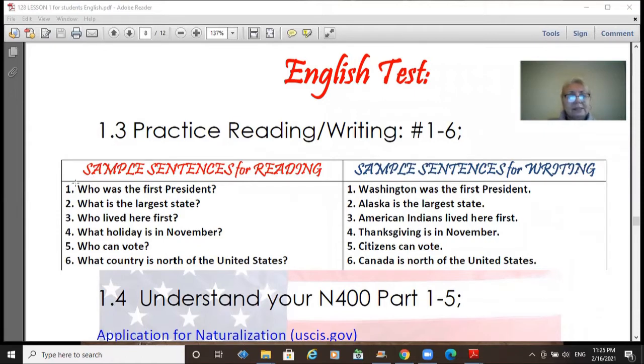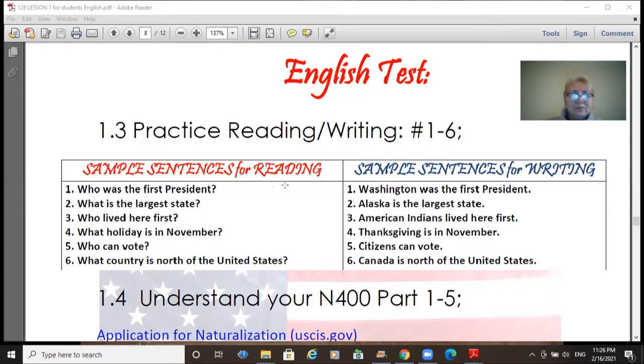Now, you will see the question for reading on a computer screen or a pad, and you will have to write a sentence also on a pad. The officer will dictate a sentence for writing twice.